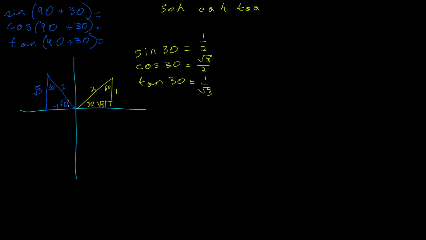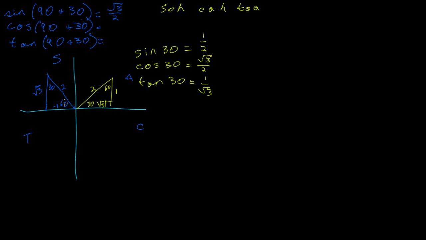So how do we go about this? Well, now it's basically trying to find the sine, cos, and tan of this angle. So what is opposite over hypotenuse? That'll be our sine, root 3 over 2. And surprise, surprise, it's positive. Remember, sine is positive in this quadrant.